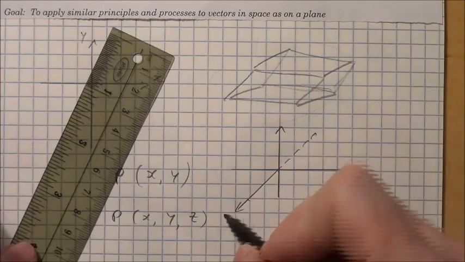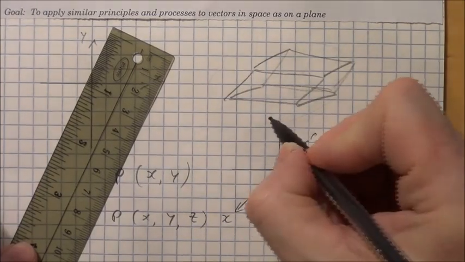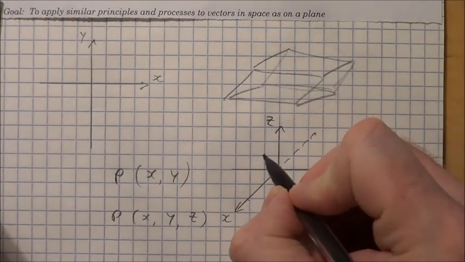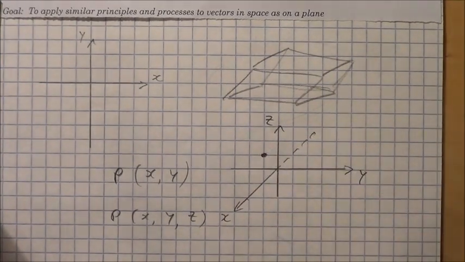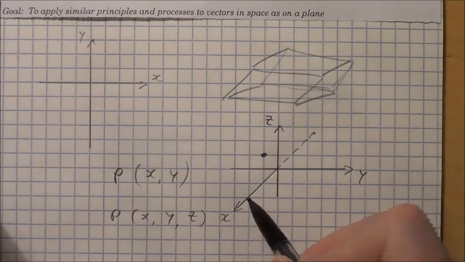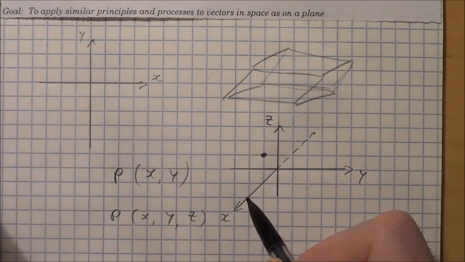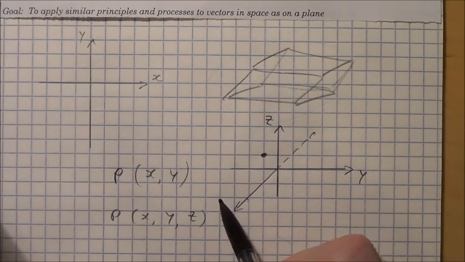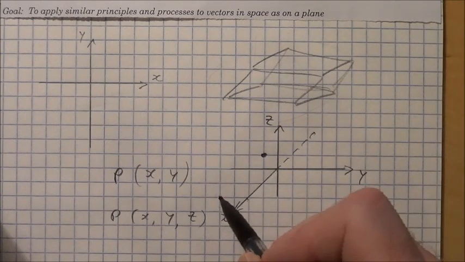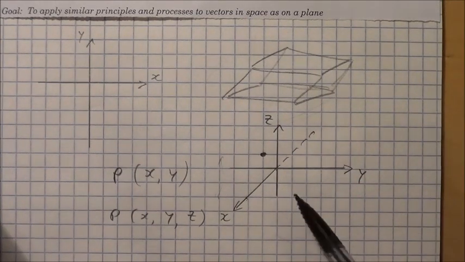Okay, so here's the x-axis, the y-axis, and the z-axis, and if I were just to plot a point here, we don't really know where that is, per se. It could be 5 units in the x direction, and then 2 units in the y direction, and then a few units up in the z direction.